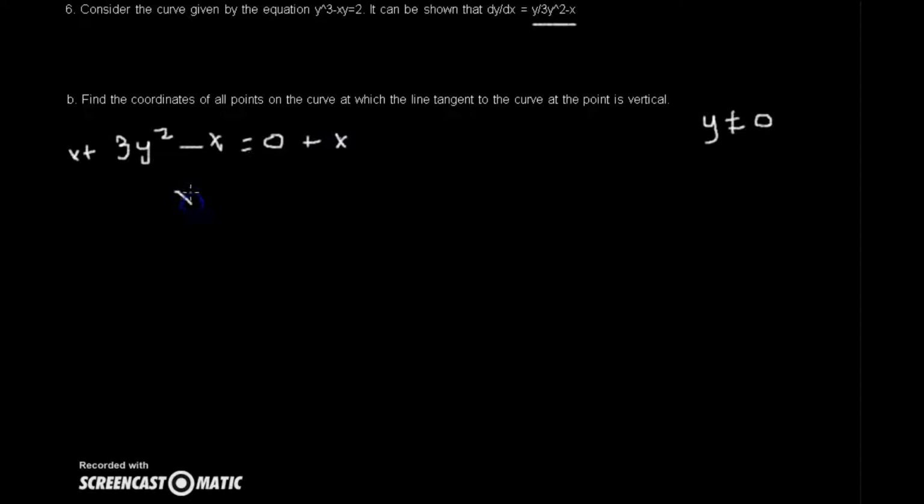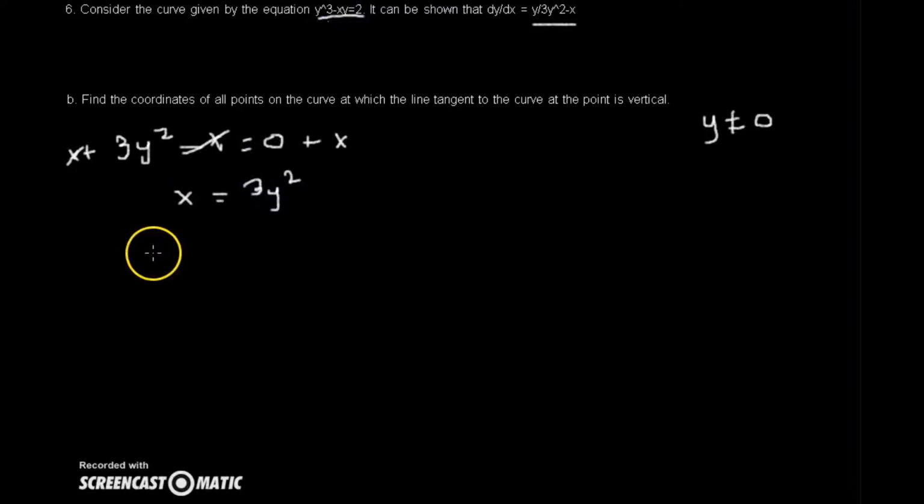Since this cancels out, that cancels out, x equals 3y squared. Now you're going to plug that into this equation.